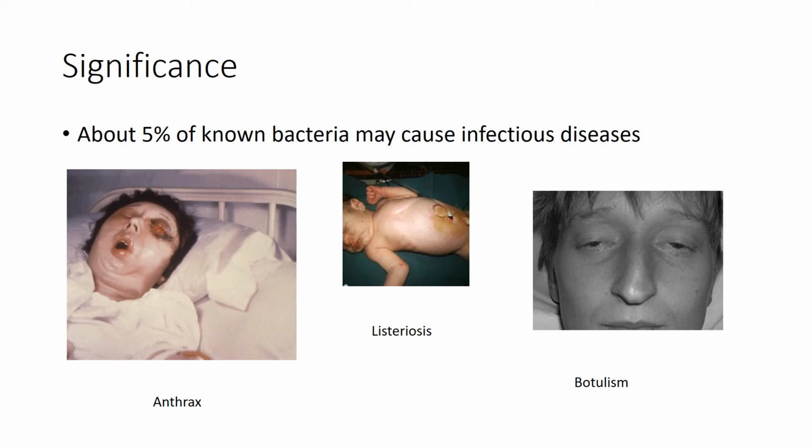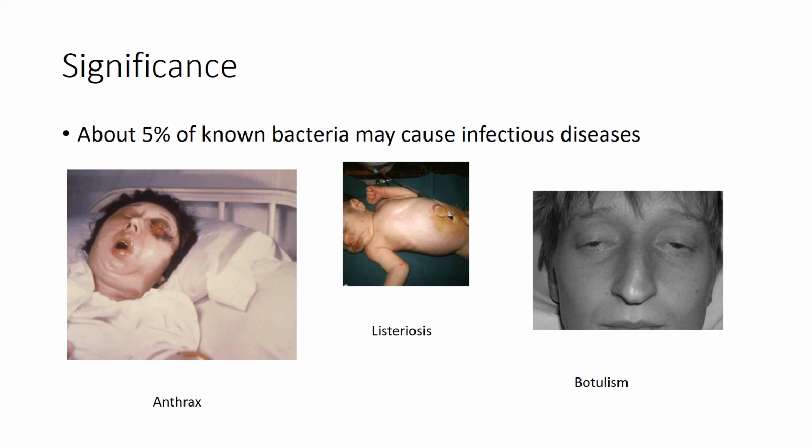For example, on the left side is a person ill with anthrax. It's a horrible disease which is caused by a bacterium, Bacillus anthracis. This bacterium produces a venom, a toxin, which causes swelling of the brain and necrotizing or dying of the skin and muscle.